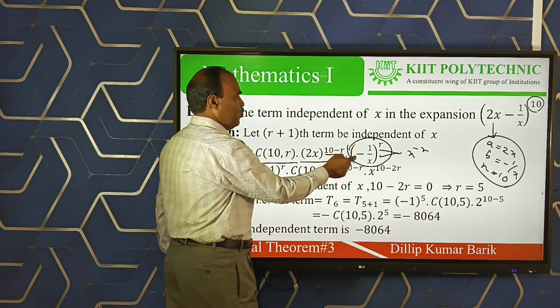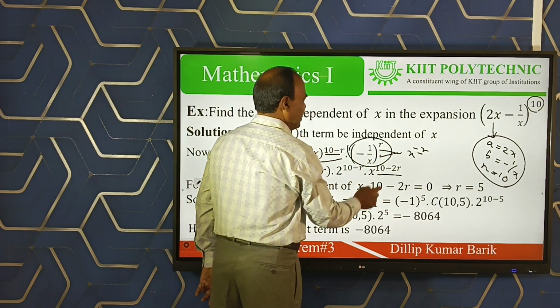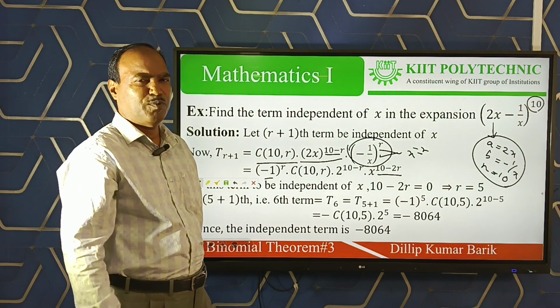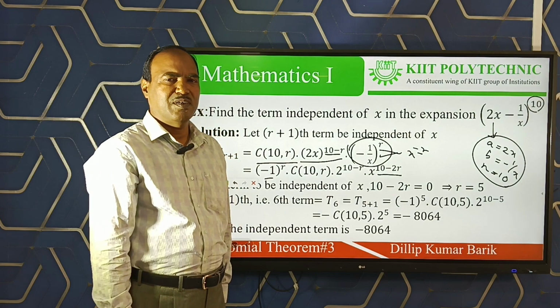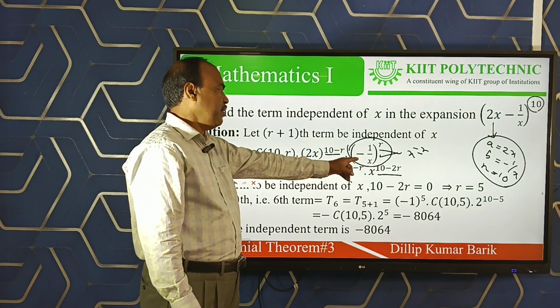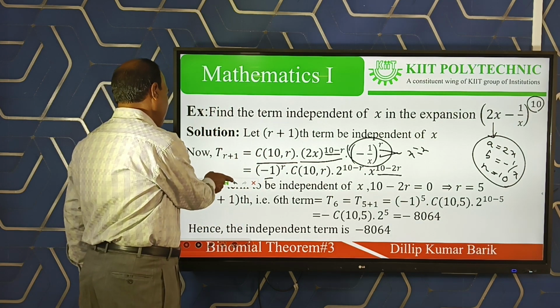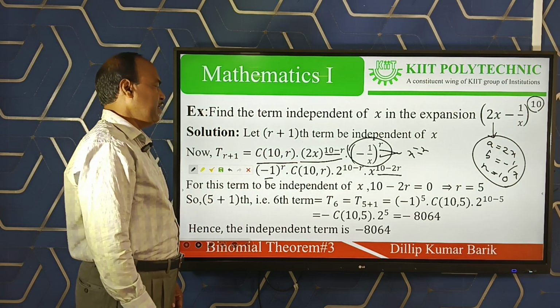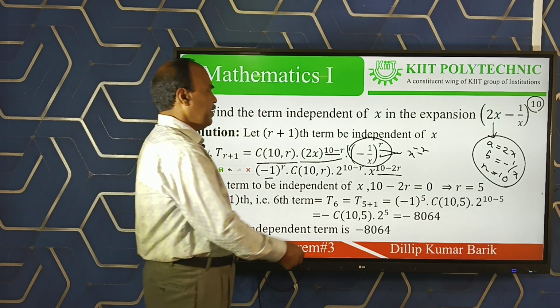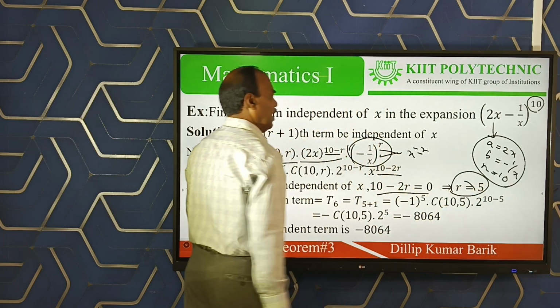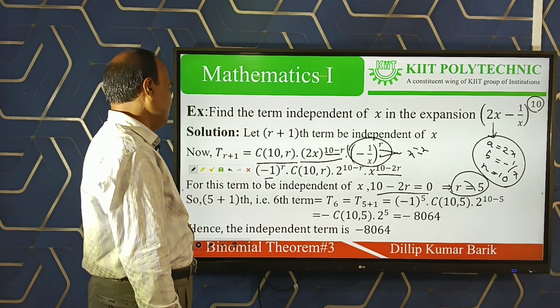Combining 10 minus r with again minus r, we get x to the power 10 minus 2r. So as per our procedure for the independent term, take the power or index of x equal to 0. So for this term to be independent of x, take 10 minus 2r equal to 0, and after simplification we get r equal to 5.